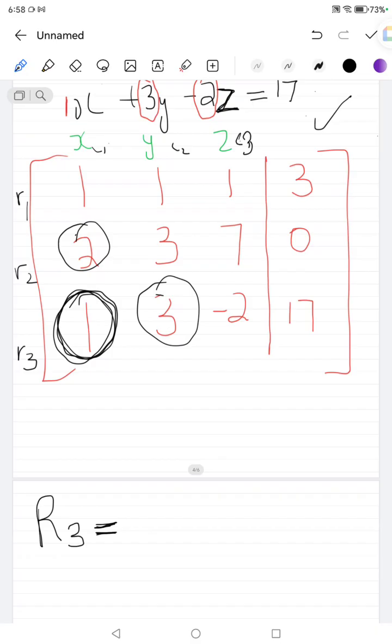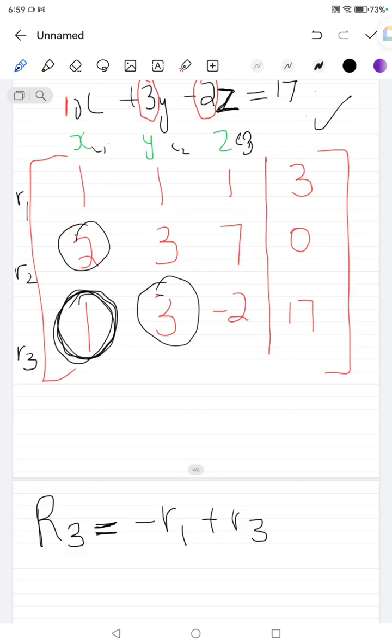The ones that are also present, I'll leave with small letters. If I want to ensure that 1 becomes 0 using elimination, I can consider my row 1 and row 3. You can see that if I deduct 1, I'll get a 0 this side. Hence, you will have minus row 1 plus row 3.